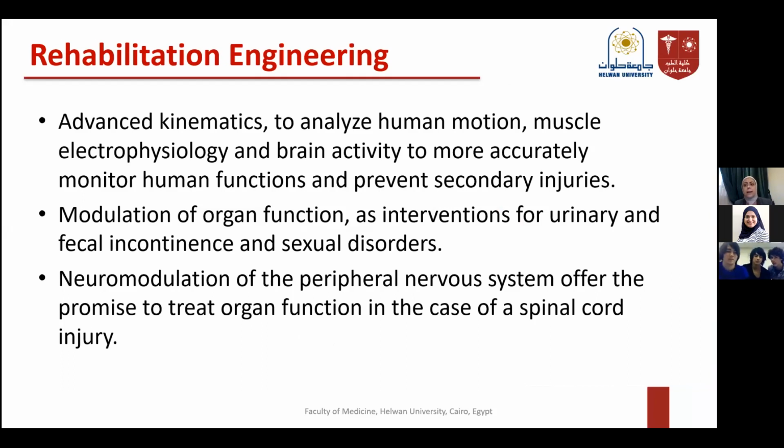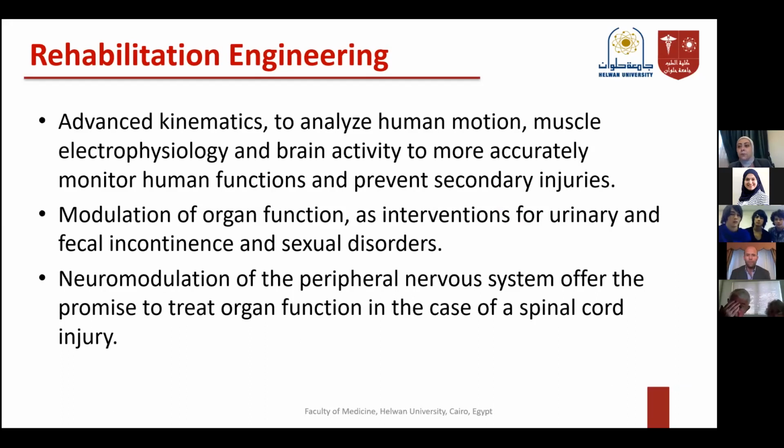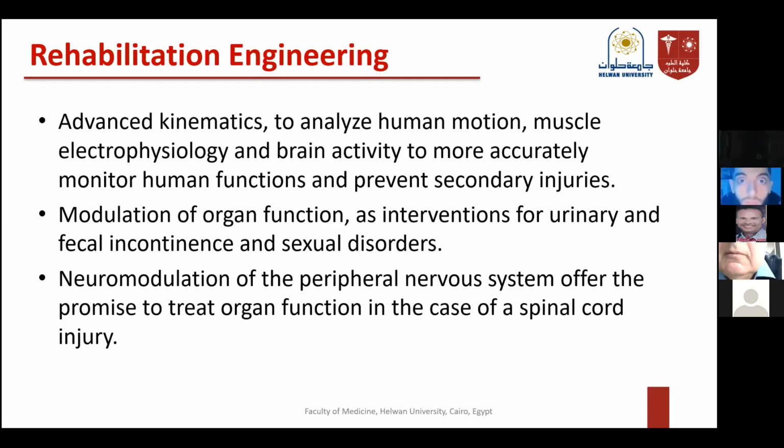There are also advances in kinematics to analyze human motion. Now with these artificial limbs that you can see, he is running on the treadmill. He can run even faster than he can with his original limb. How can we achieve this? It's by kinematics to analyze the human motion, the muscle, the electrophysiology, the brain activity, so that we can more accurately monitor human functions and prevent injuries.